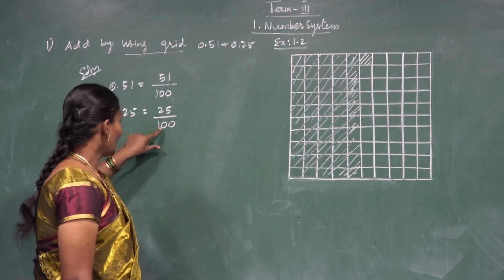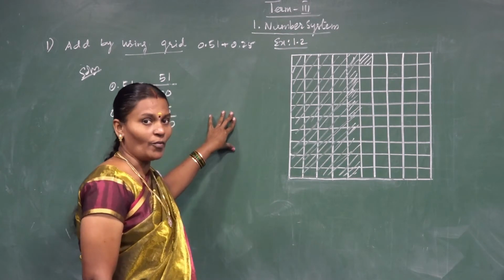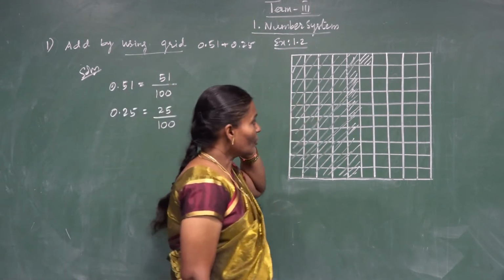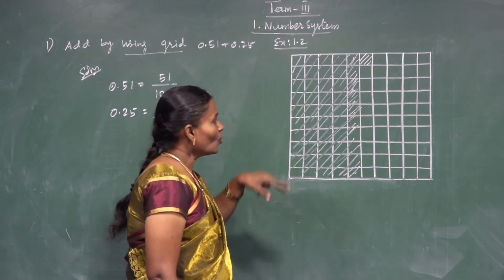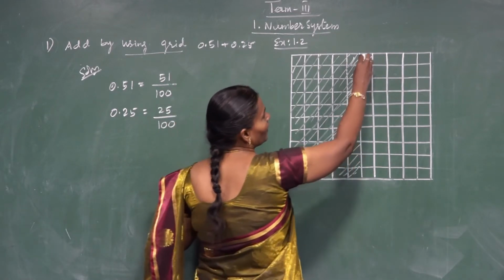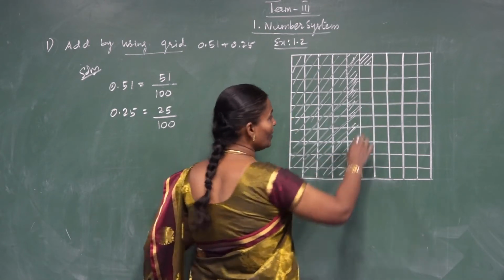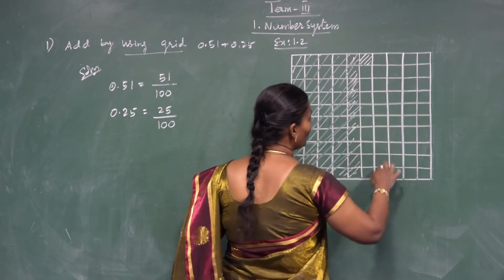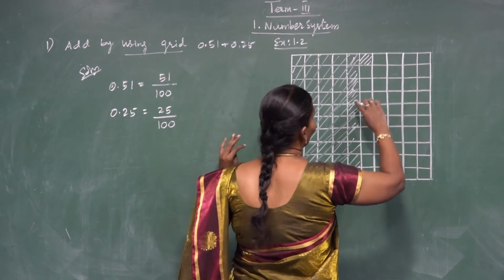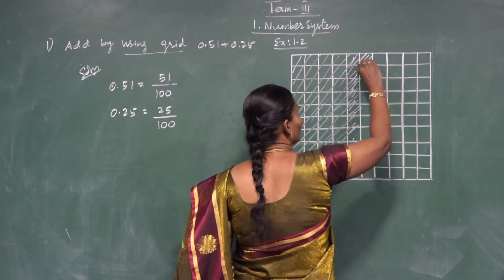Then next we have to shade this 25 by 100. Out of 100, 25 are shaded. 25 means 2 columns and 5. Am I correct, children? Good. See, here 1 less, so remaining is 9. You shade here, this type of shade.